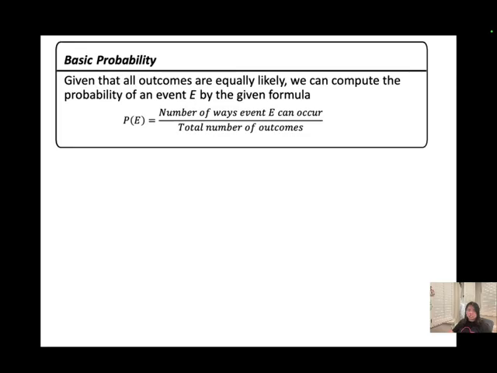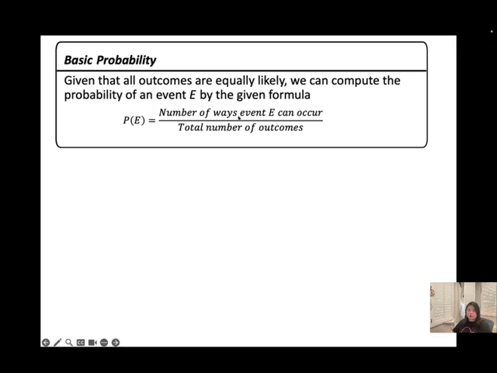Basic probability. Given that all outcomes are equally likely, we can compute the probability of event E by the given formula. The probability of event E equals the number of ways event E can occur over the total number of outcomes. So for example, if I want to flip a coin to get the tail, when I flip a coin, I only have one tail.